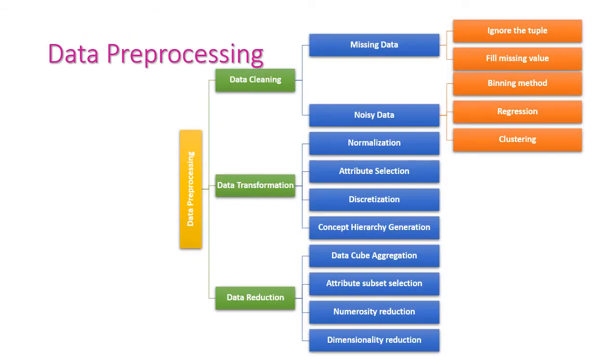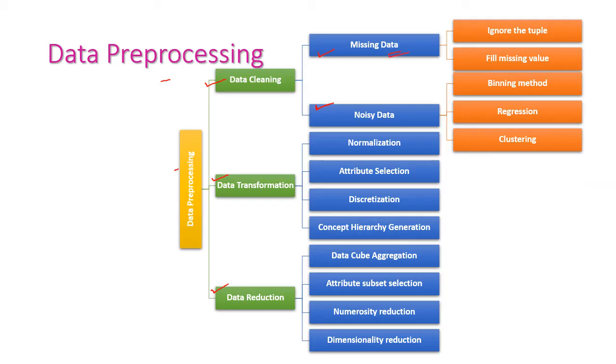When it comes to data pre-processing, there are 3 steps: data cleaning, data transformation and data reduction. These 3 are very important steps in data pre-processing. When we come to data cleaning, 2 different types are there: missing data and noisy data. We need to identify the missing data and the noisy data.